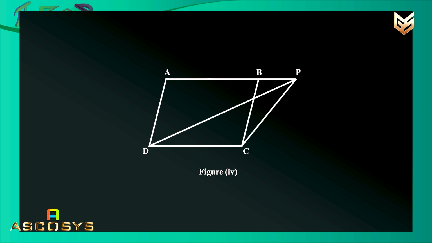And parallelogram ABCD and triangle PCD lie on the same base DC and between the same parallels AP and DC, as you can see in figure 4.